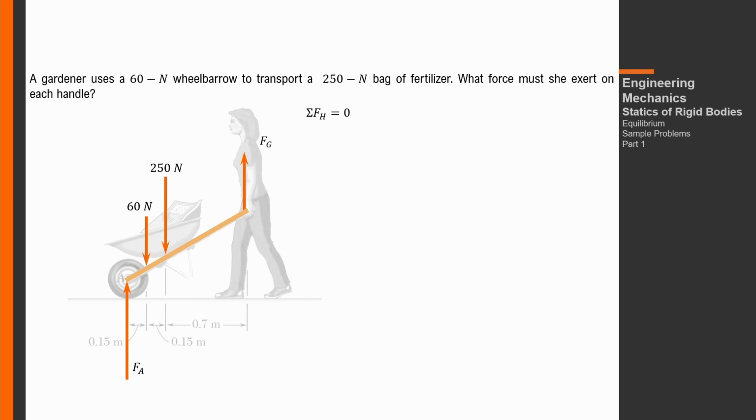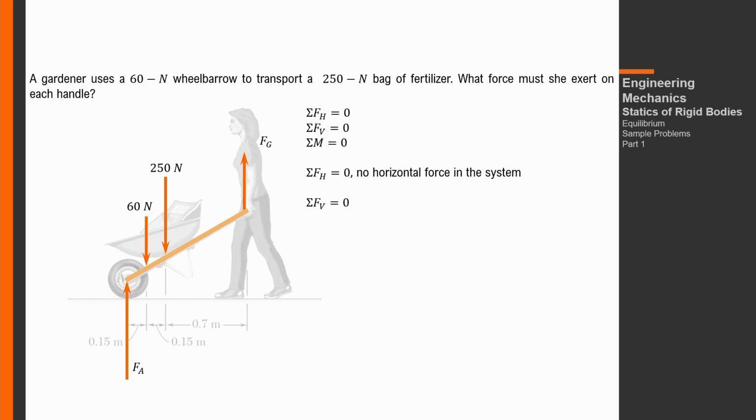Isa sa mga equilibrium equations, summation ng horizontal forces is equal to 0. Summation ng vertical forces ay equal to 0, tapos yung summation ng moment is equal to 0. So yung unang equation, summation ng horizontal forces equal to 0. So no horizontal force in the system, so hindi natin yung magagamit. Tapos yung isa pa, summation ng vertical forces is equal to 0.